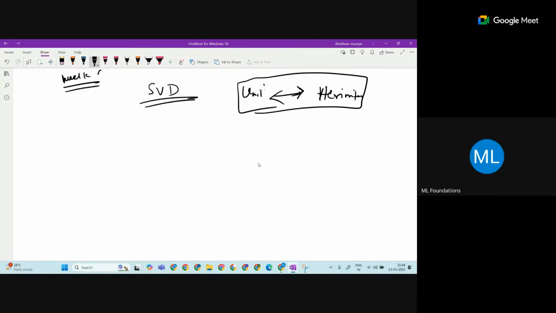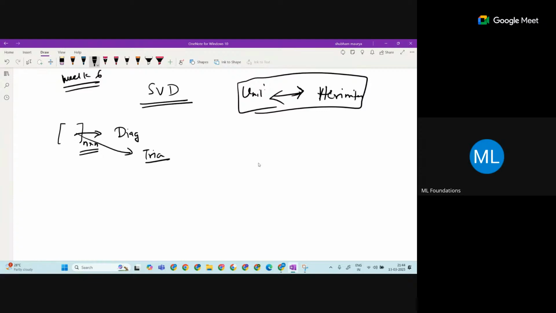So this week 6 is SVD, and the reason we are studying SVD is simple. Till week 5 we were dealing only with square matrices and trying to change them into a simpler form, meaning diagonal or triangular form.